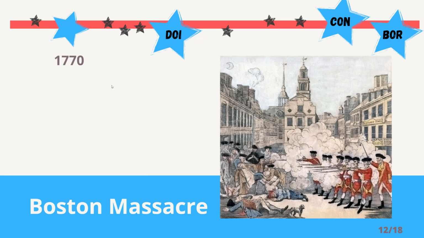Okay, 5 years later, here's an event, Boston Massacre. No doubt, again, you're familiar with this. Well, what do we have here in the Boston Massacre? At this time, Boston has about 16 to 20,000 inhabitants, so it is smaller, yet also urban, clearly.